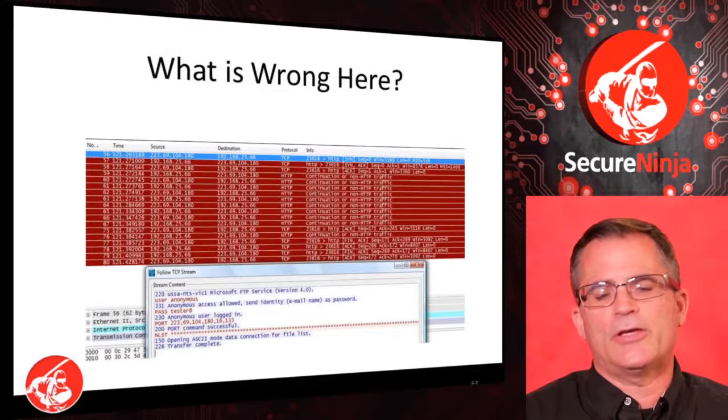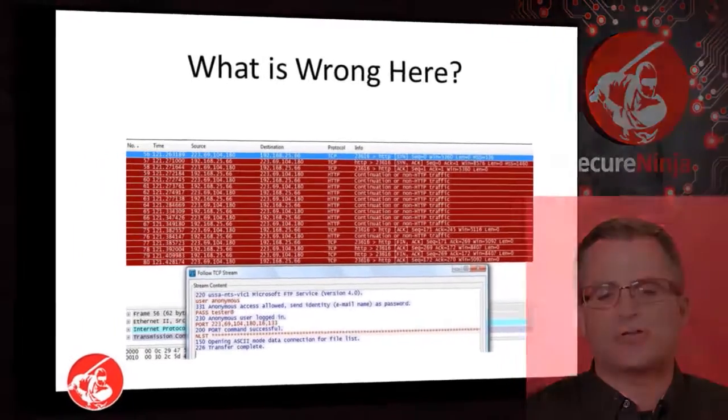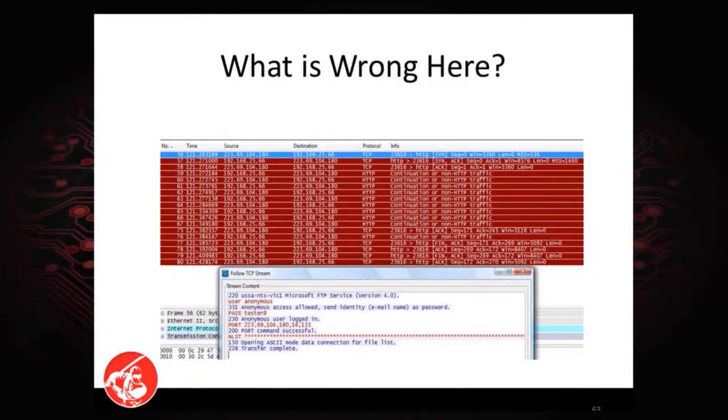So we've got a graphic here, and we're showing you an actual diagram that says Hypertext Transfer Protocol, HTTP, web traffic. But if you look at the diagram that says follow TCP stream, does that look like web traffic? No, that's FTP. That's FTP traffic over HTTP.